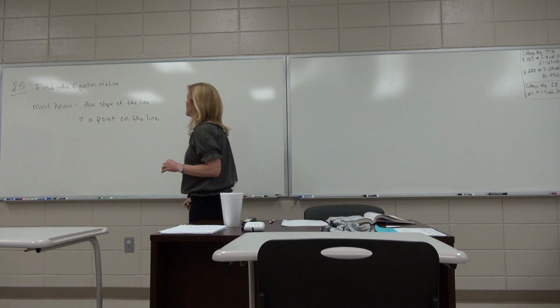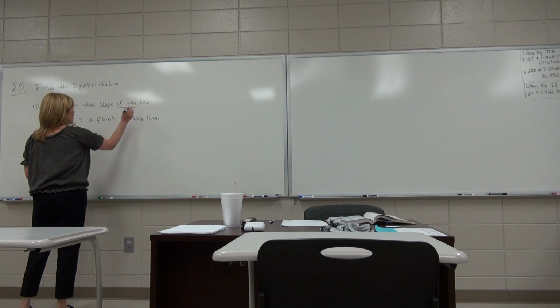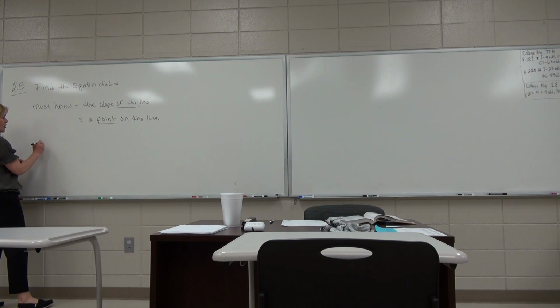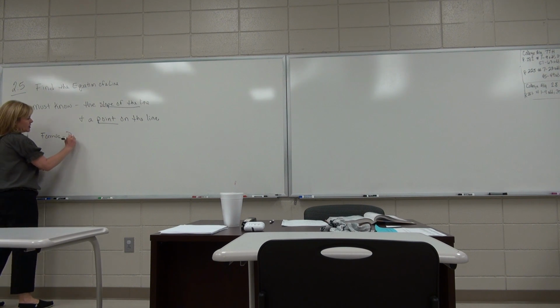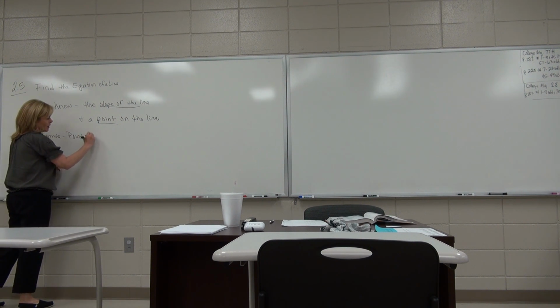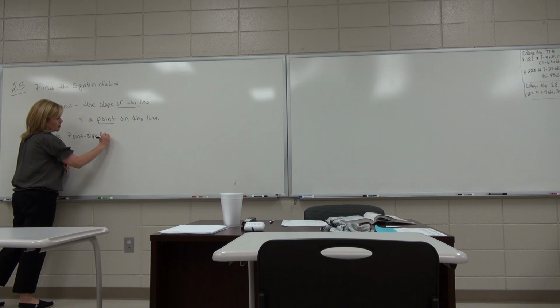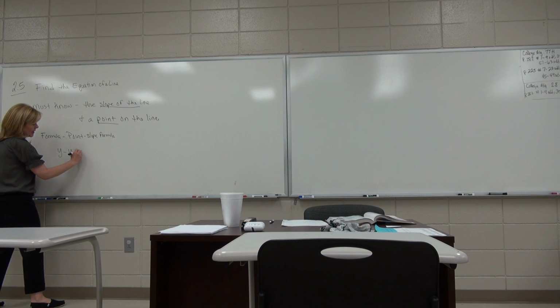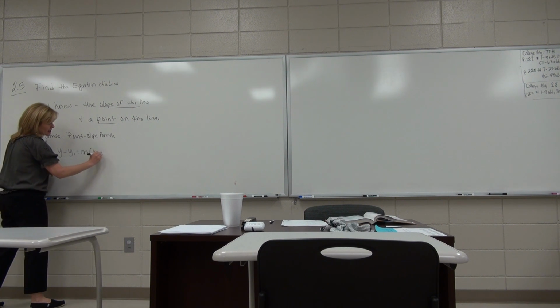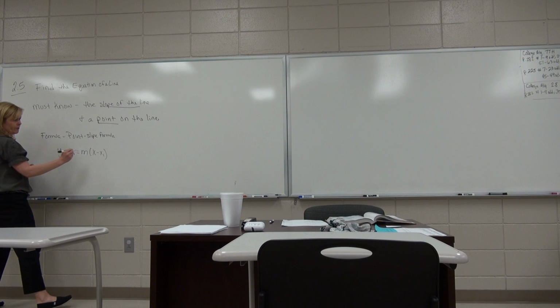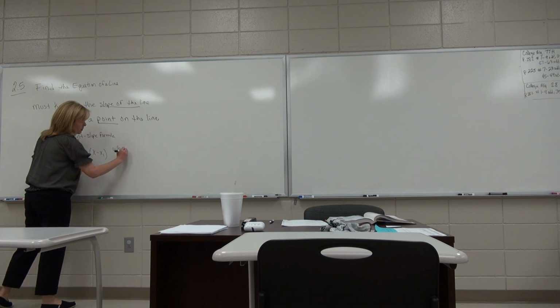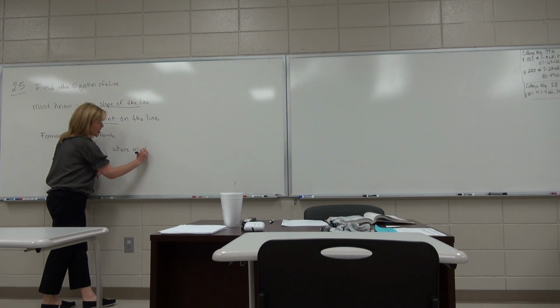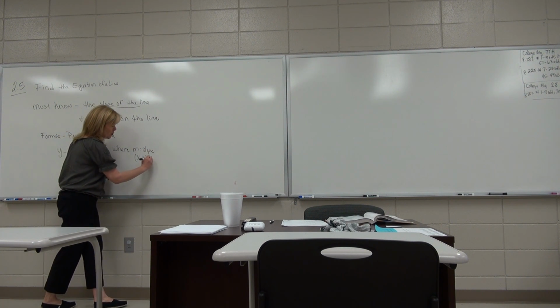If you're told to find the equation of the line, you must know the slope and the point, and then you use the point slope formula: y minus y1 is equal to m times x minus x1, where m is the slope and x1, y1 is that point on the line.